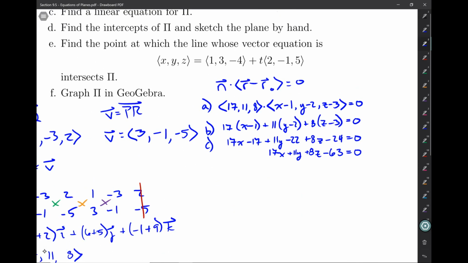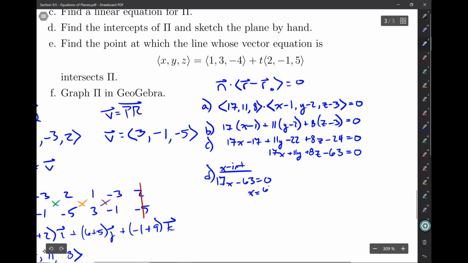Part D says let's find the intercepts of this plane. So the intercepts of this plane are found by letting x and y be 0 to find the z-intercept, letting x and z be 0 to find the y-intercept, letting y and z be 0 to find the x-intercept. So for the x-intercept, this is letting y and z both be 0, so we get 17x minus 63 is equal to 0. So that we get x is 63 17ths.